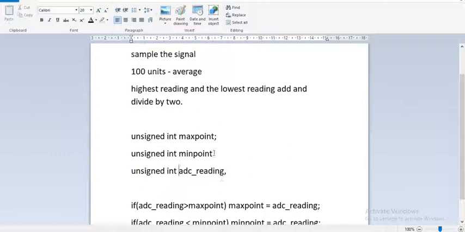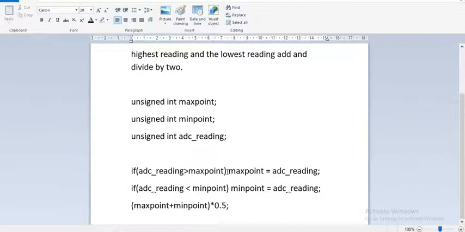Then you can perform this simple logic. If ADC reading is greater than max point, max point equals ADC reading. If ADC reading is less than min point, min point equals ADC reading. Then max point plus min point, times 0.5.